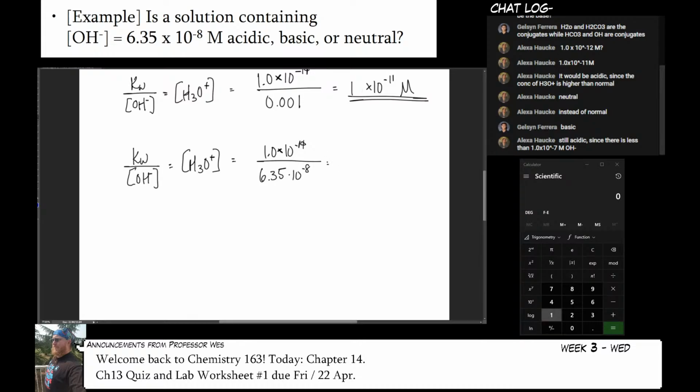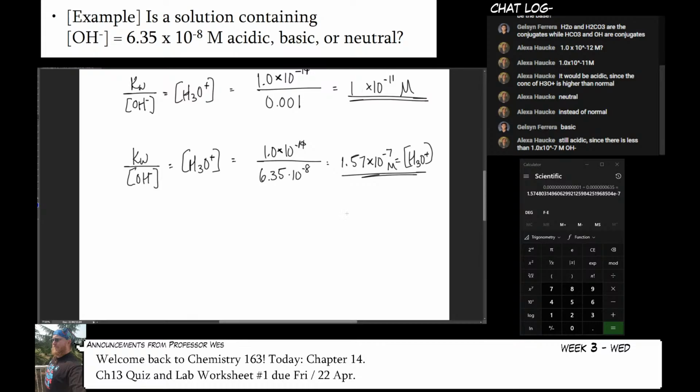And I don't know what that's going to be in my calculator, so I got to punch that in manually. So divided by 6.35 times 10 to the minus 8. So I get this. I get 2 sig figs, as we're going to do. Well, actually, no, it's a definition, so I get 3. So 1.57 times 10 to the minus 7. I forgot my molarity. There we go.